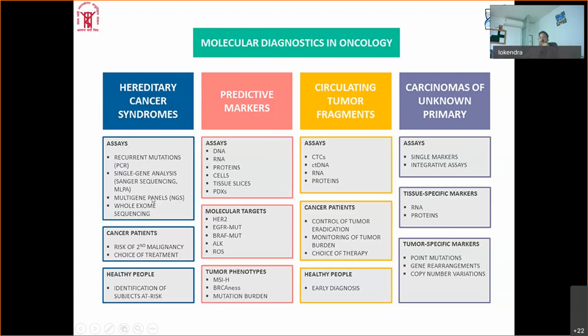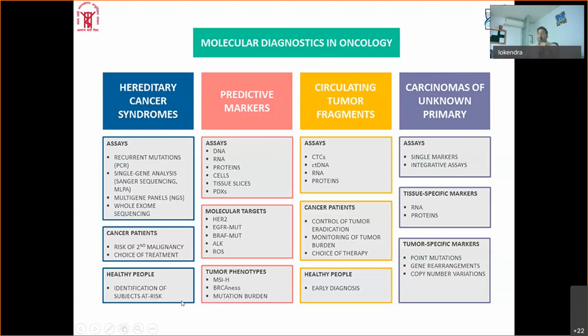So this is the normal case to detect hereditary cancer, but in cancer patients it can also tell you whether there is a chance of having a second or subsequent malignancy. Based on that, the choice of treatment can also be decided. And healthy people can also identify whether they are predisposed to certain conditions.